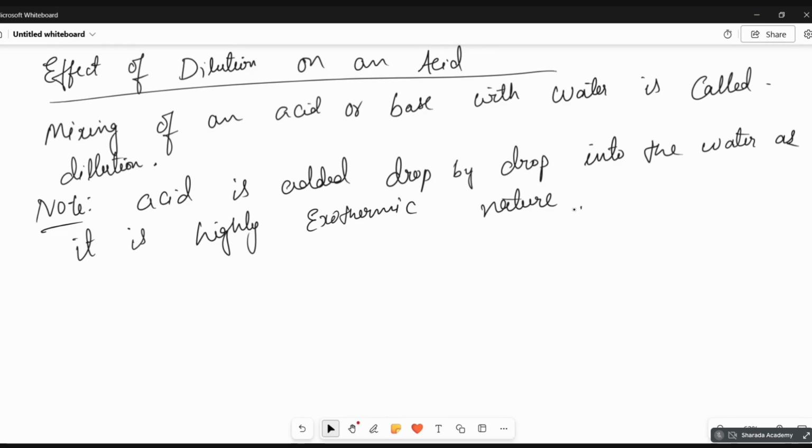I told you they are non-metallic oxides. Non-metallic oxides, when they combine with water, form acids. For example, sulfur trioxide, SO3, combines with water and forms sulfuric acid, H2SO4. Carbon dioxide with water forms carbonic acid, like that.